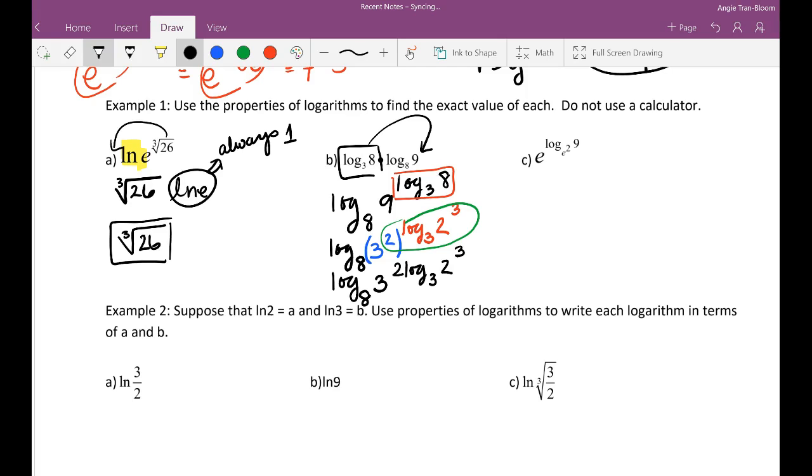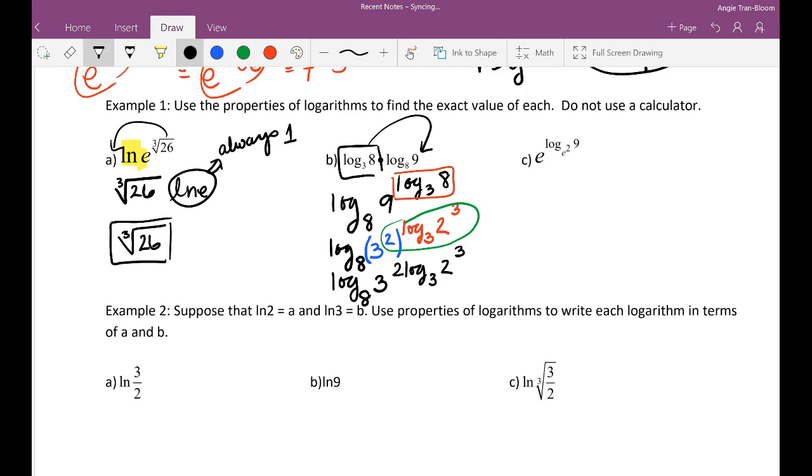So carefully work this out. Then from here, do you see anything at all?